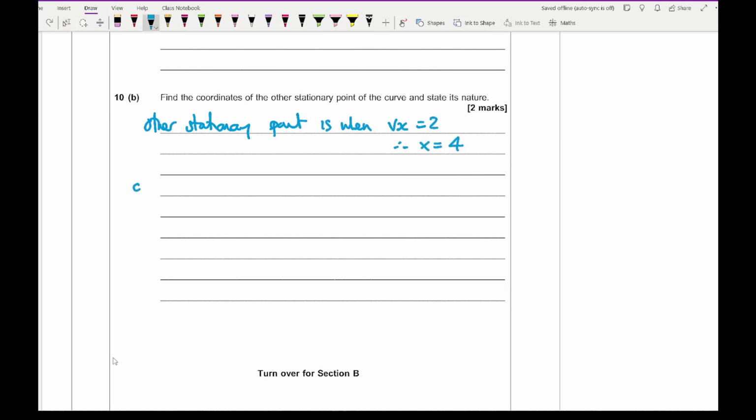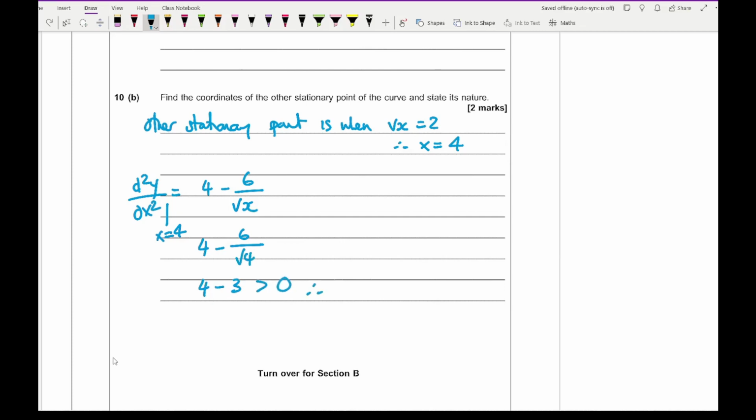If we substitute that into my second derivative, which was 4 minus 6 over root x, then substituting x equals 4, I end up with 4 minus 6 over root 4, which is 4 minus 3, which is greater than 0.